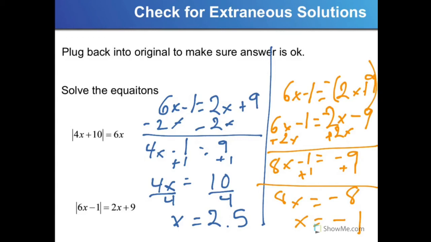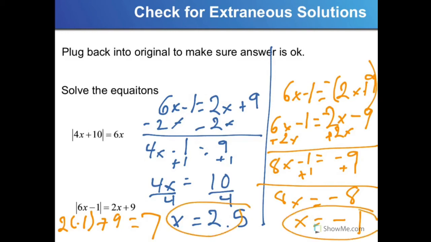Now let's plug in the negative 1. I have 2 times negative 1 plus 9. Well, that just equals negative 2 plus 9, which is 7. In this case, both of these are a solution to the equation. So x equals both 2.5 and negative 1.